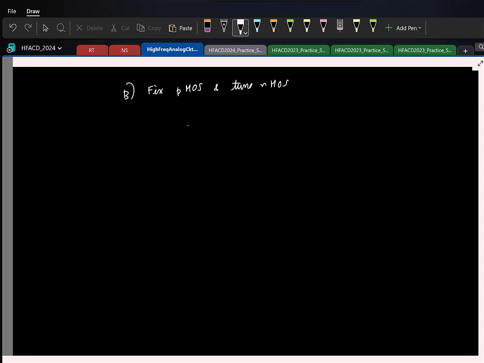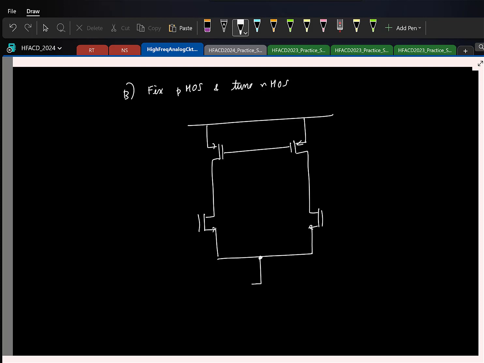So let me quickly draw the single stage differential OTA. So this is the fully differential OTA. Now what we are suggesting is we want to fix the pMOS current.